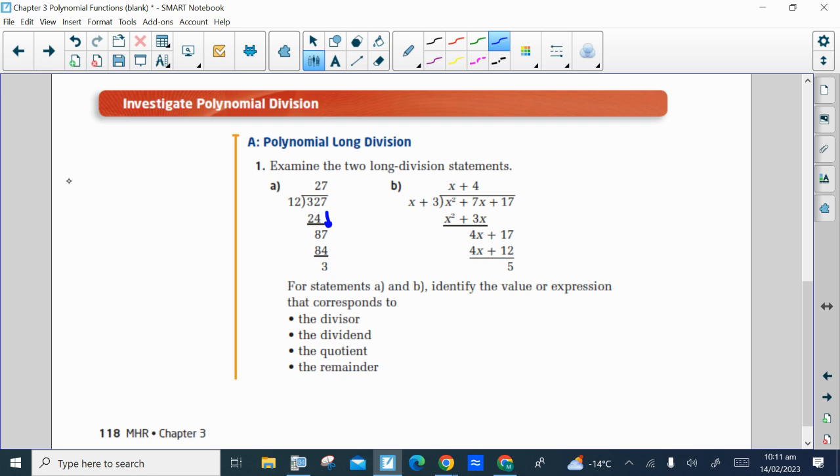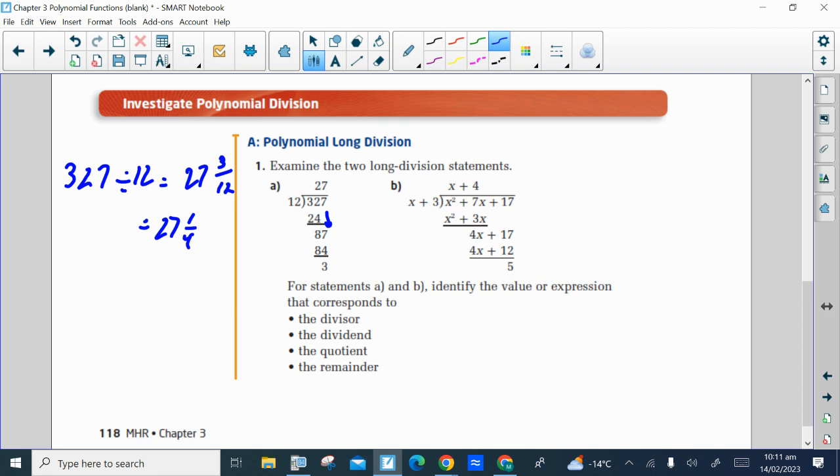So we can say that 327 divided by 12 is 27, and then the remainder is 3, which you can write as a ratio of the 12 that you're dividing into 327.